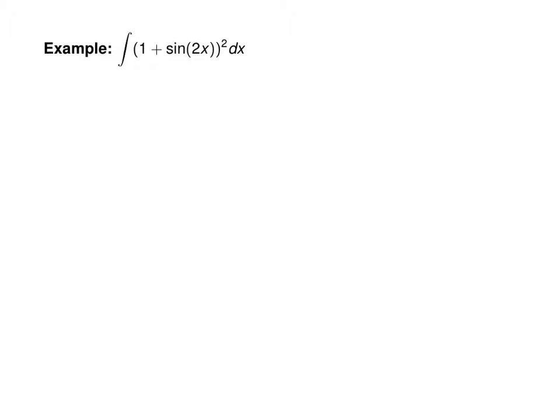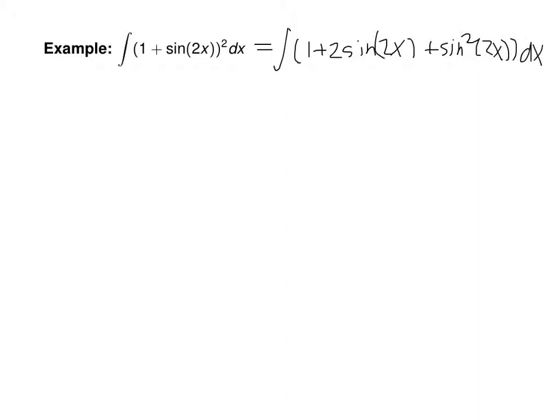So many of these integrals involved using these Pythagorean identities. We also used some half-angle, double-angle identities to evaluate integrals, and that you use when the powers in the sine and cosine are even. So this becomes the integral of 1 plus 2 sine of 2x plus sine squared of 2x.